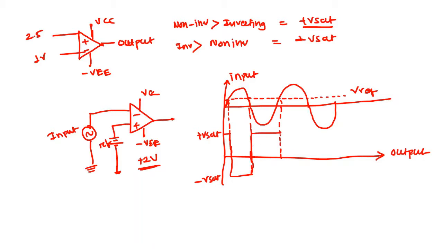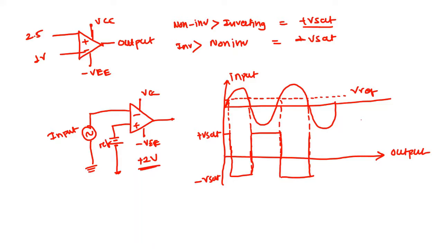Again from this point it will change to minus Vsat up to this point. Likewise my output will change. If my reference voltage is greater, then this voltage will be less, and greater again. Like this, I have drawn the waveform of the comparator.